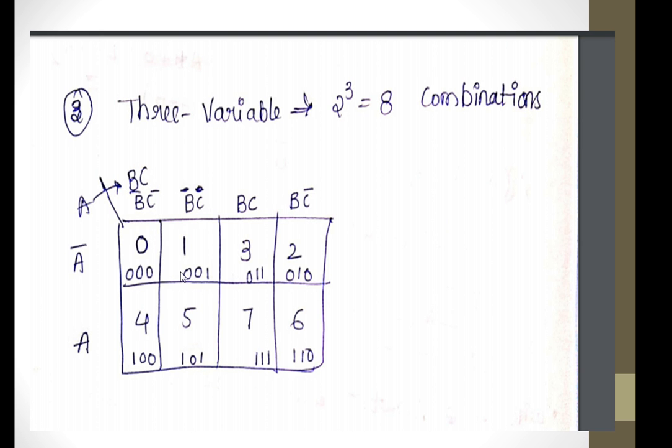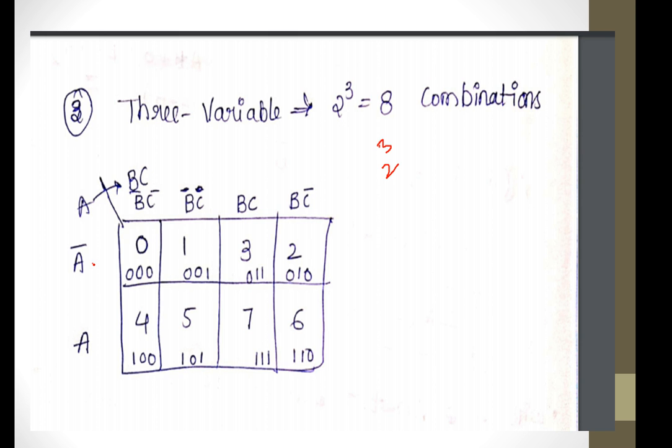Similarly, we have the 3 variable K-map. In 3 variables, I am taking the variables as A, B, C. For a 3 variable K-map we have 2 power 3, that means 8 combinations. Those are 000, 001, 010, 011, 100, 101, 110 and 111.